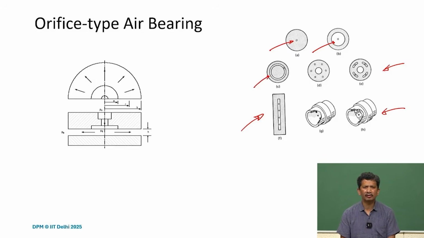So there are different combinations, and they can be embedded on the bearing surface itself. All of these are aerostatic bearings. So pressurized air is fed through, and then it passes through the orifices and then through the bearing surface, and that's how it works. So that is the general construction.